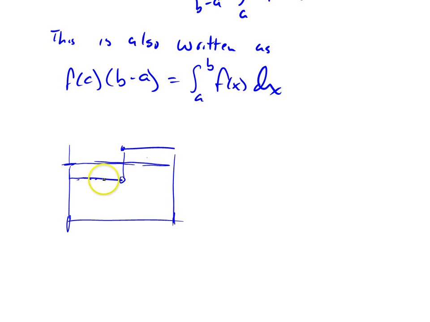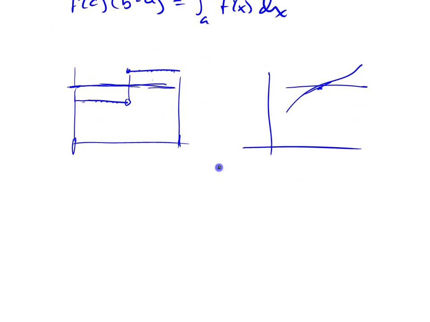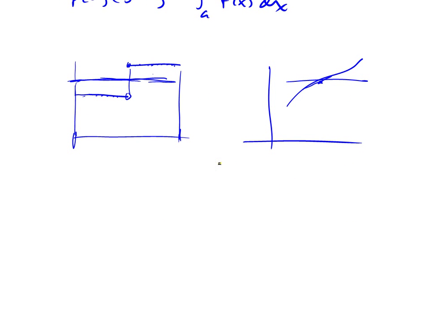You've got a bunch of function values down low here, you've got a bunch of function values up high there, and they never hit the average. However, if the function is continuous, then there has to be a spot where, when you calculate that average value, the function will cross through it.